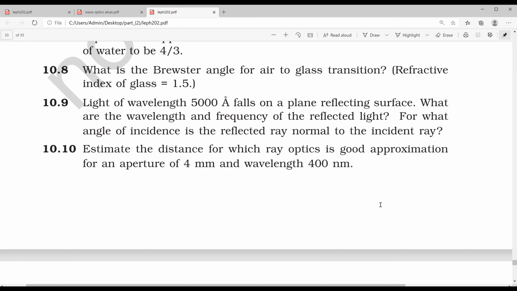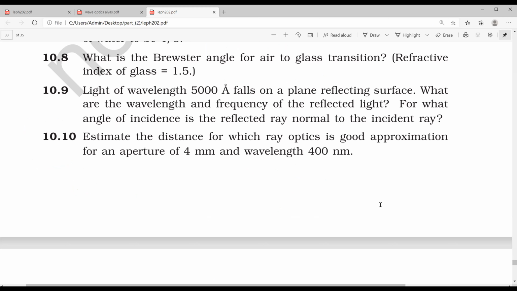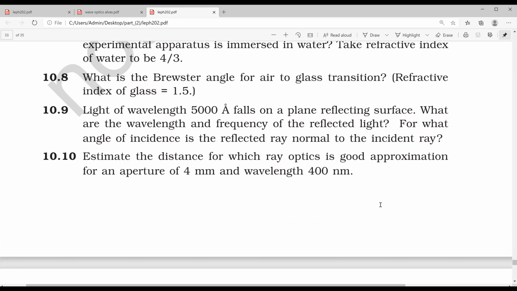So next we shall see 10.8. What is the Brewster's angle for air to glass transmission? Refractive index of glass they have given, that is 1.5. So let us see how to solve this one. 10.8 it is.